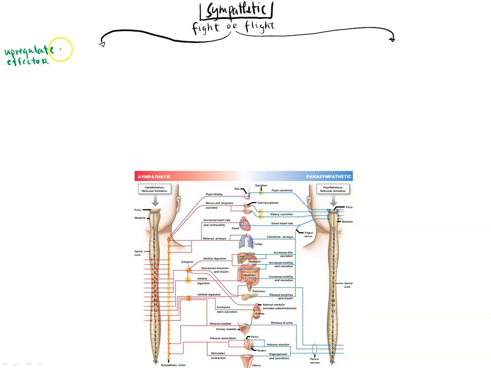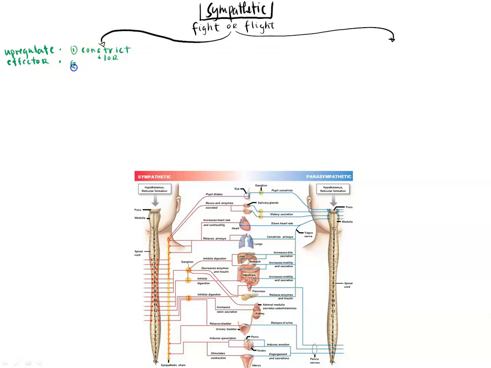If I'm going to upregulate an effector, and I'm doing a very general explanation, we can get into more specifics when we talk about each organ. But if the sympathetic nervous system upregulates an effector, it's usually muscle, and it's either going to constrict a muscle or increase, with an up arrow, contraction rate.